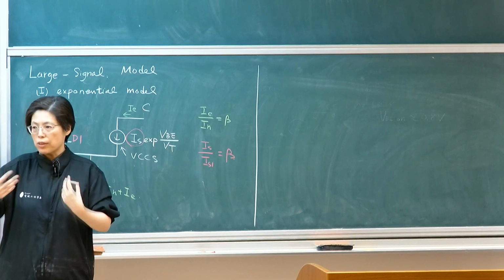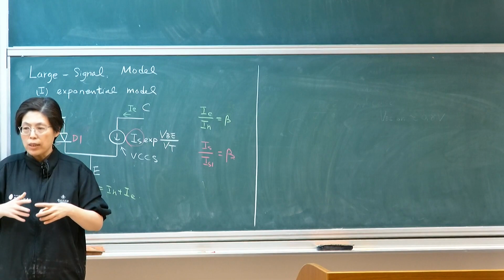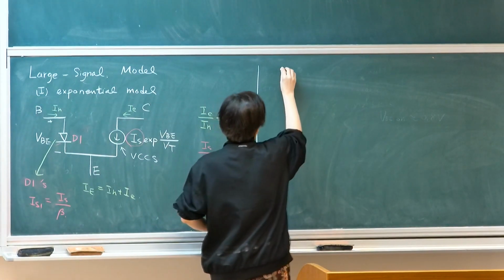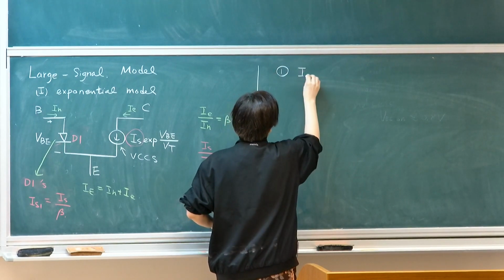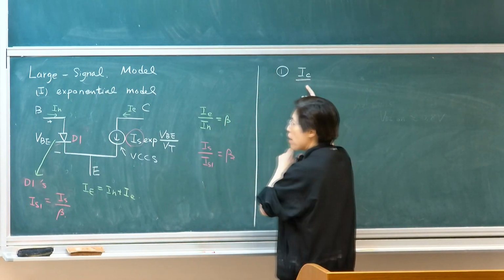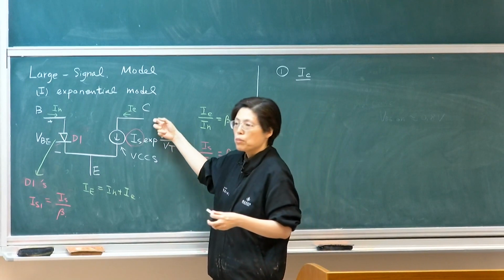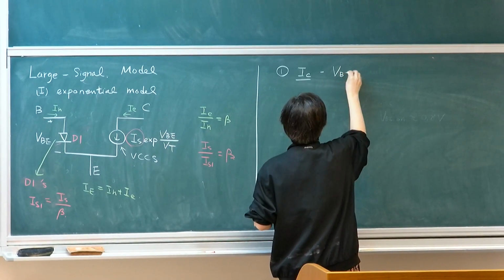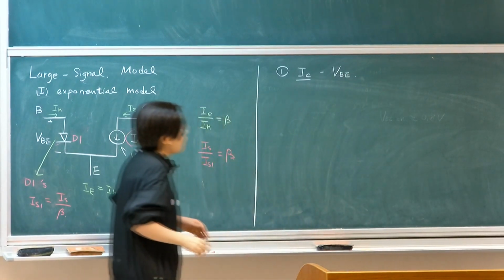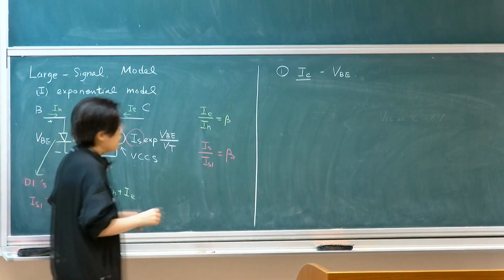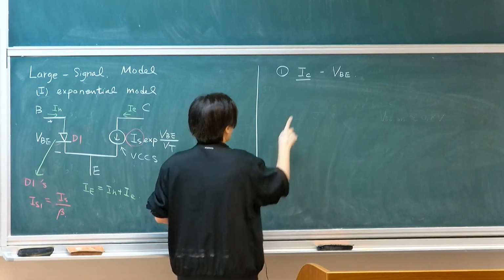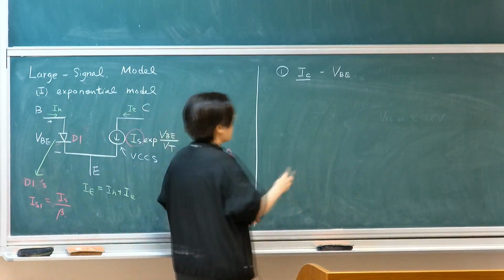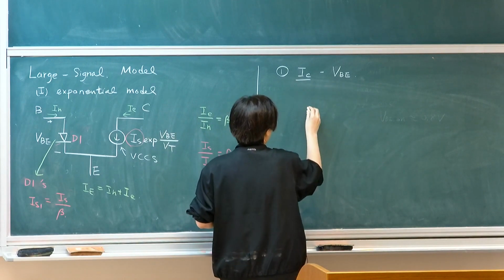One is how it turns on, and the other is how it delivers its output characteristic. The first is called IC. Remember, IC is typically my output terminal. So you want to look at the IC versus VBE characteristic. This is one of the ways to test a transistor: if I give you a transistor, you want to test how well its voltage controls its current.